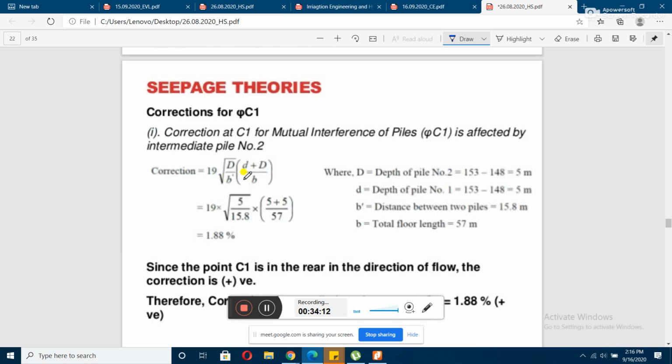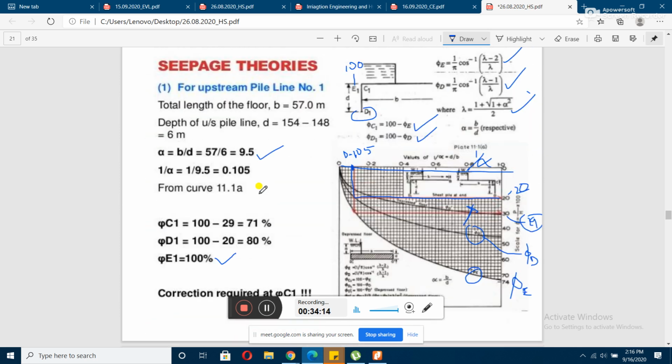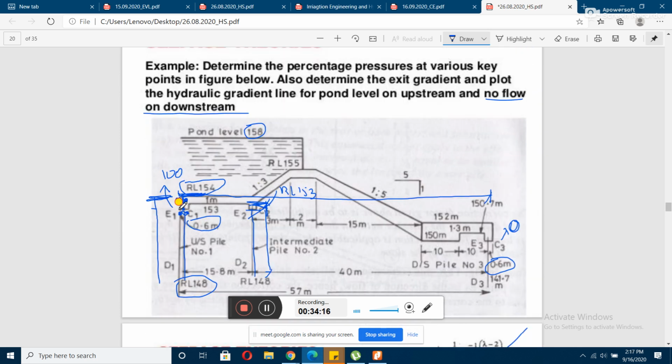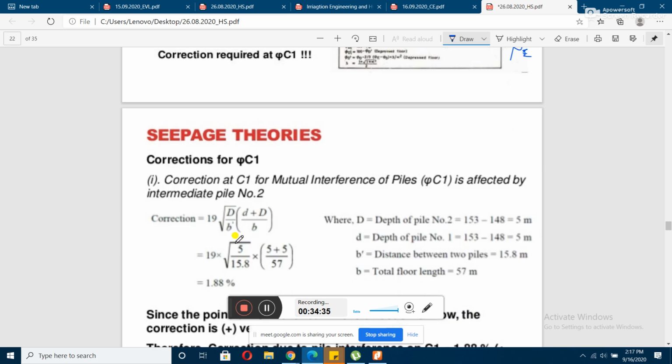Similarly the value of small d, here also we will be considering from this part, so that will also be 153. So this is reduced level 154 minus the thickness of the floor, that is 153, minus this length, so the length turns out to be 5 meter as well here also.